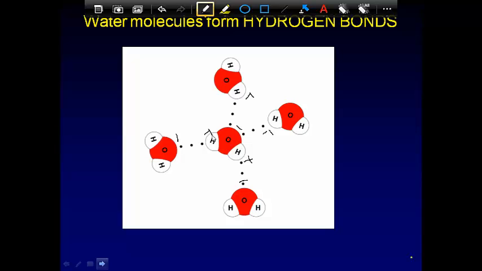The positives attract the negatives, which creates these bonds between those positive and negative areas. So water molecules will arrange themselves in a formation that allows the negative charged oxygens to interact with the positively charged hydrogens. And because of that, whenever you have a bunch of water molecules together, you get some special properties forming from these hydrogen bonds that are holding them all together. And that's what we're going to look at next.